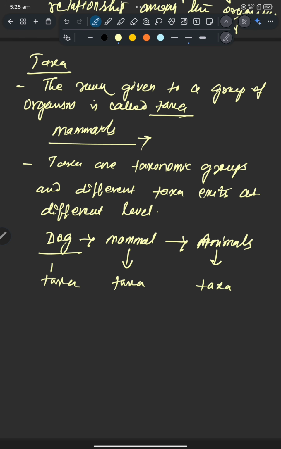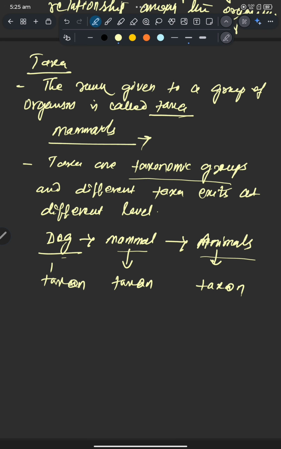This is plural, so singular is taxon. Let me write down taxon. A single organism is given different taxon at different levels. Like this dog is known as a mammal, and this dog is known as an animal. Now I have discussed the taxonomic group.